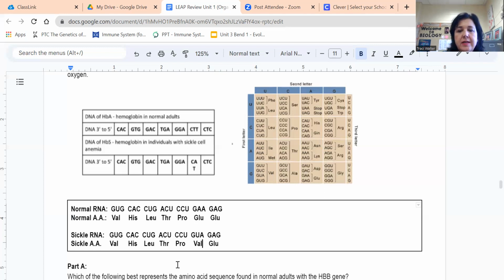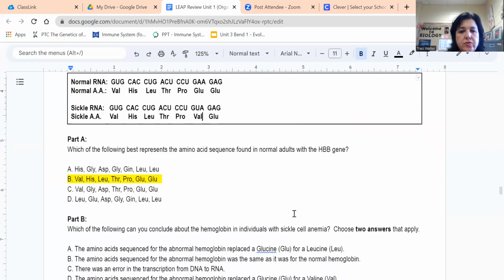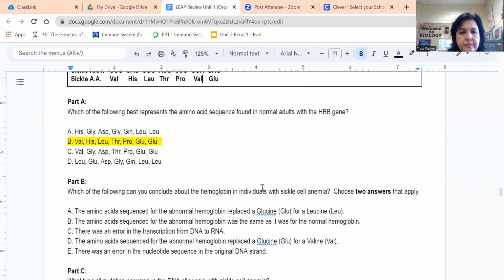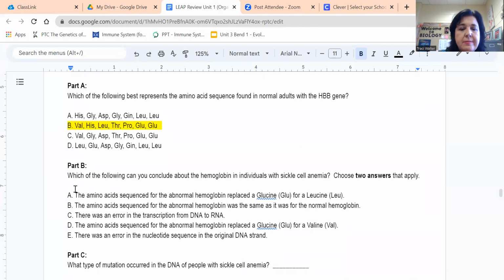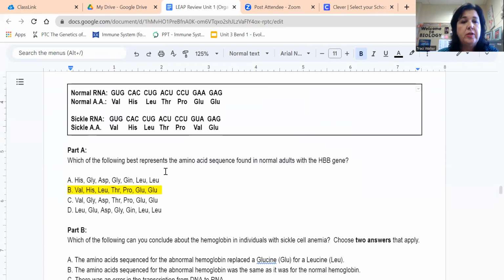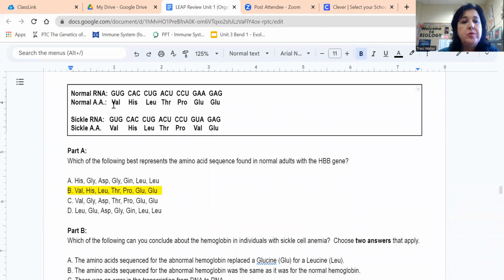All right, so now let's look at our answer choices. All right, so answer choice A says the amino acid sequence for the abnormal hemoglobin replaced glycine for leucine. So if we look at the abnormal, the leucine was the same. Leucine is not anywhere else.